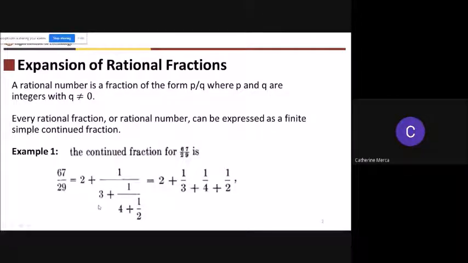And we have 1/3 plus 1/4 there, and then plus 1/2. And it's rewritten as 67 over 29 equals, you have 2, then you have 3, 4, and then 2, in square brackets.